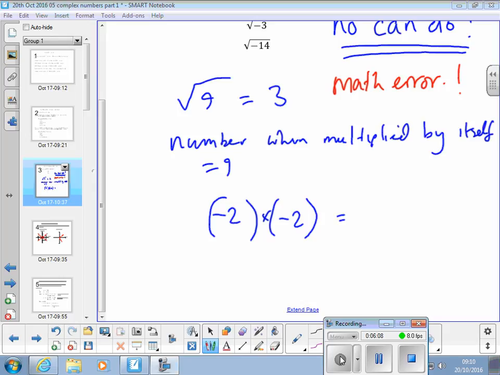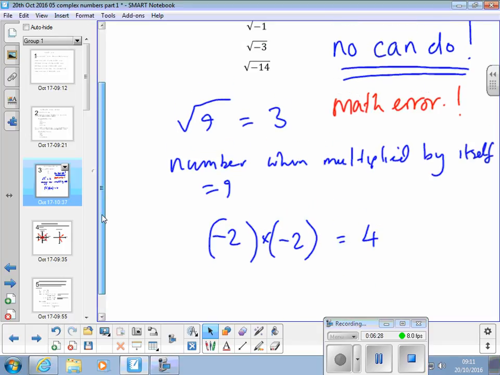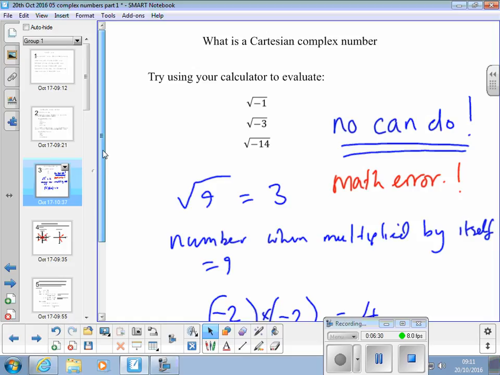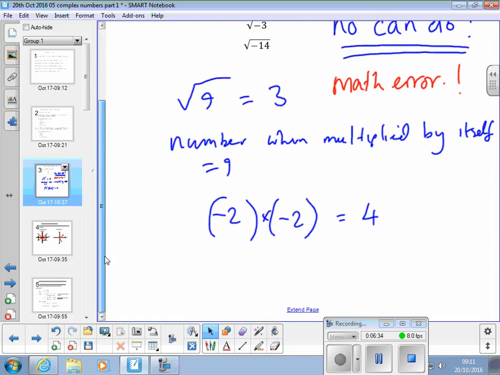So there's no real square root of any negative number, because if we square a negative number, we end up with a positive number. So trying to do that up there does not give us any kind of real result. Our calculator says there's a math error.